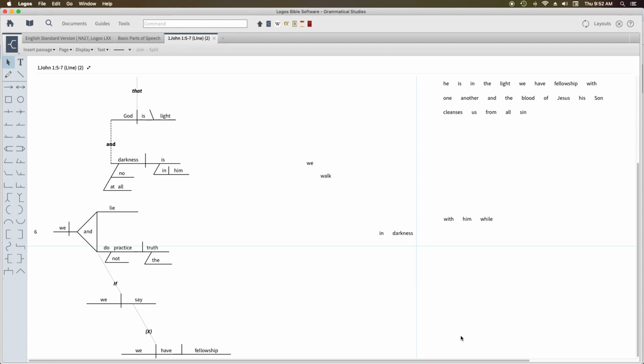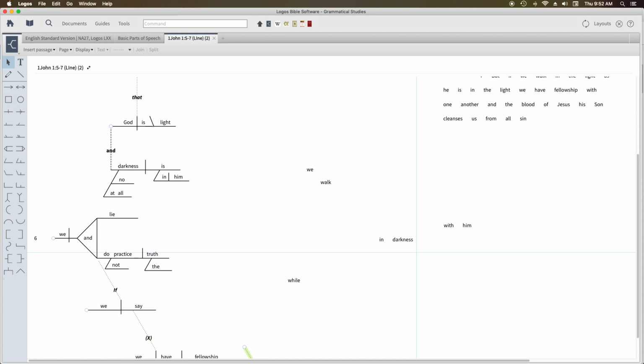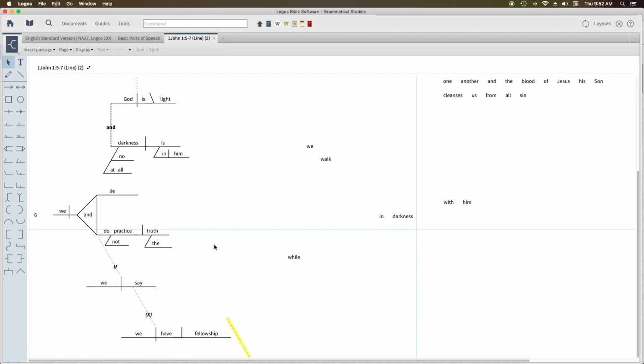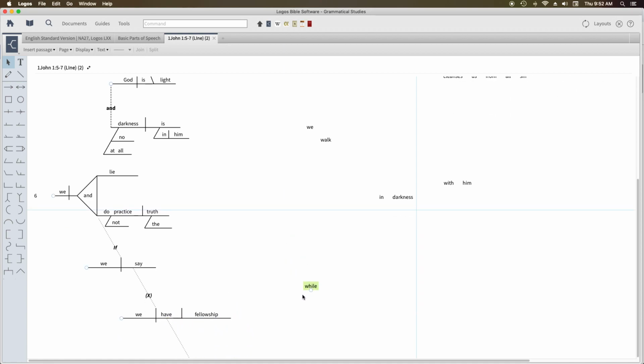So if we say we have fellowship, and then we have another conjunction, "while": if we say that we have fellowship while we walk in darkness. So we got another one we got to connect. And sometimes these can get pretty complex.